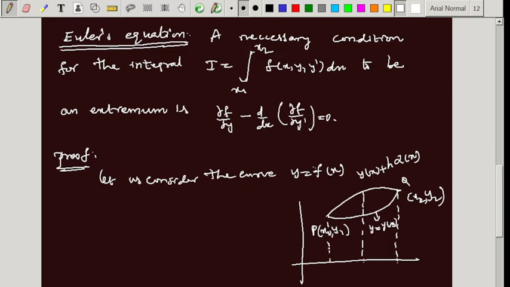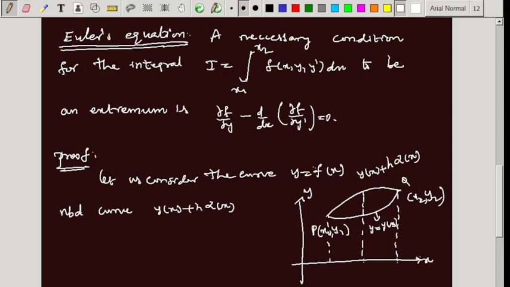So here this length is y1, this one is y, and this one is x. So here we have the two curves. One we have already written as y equal to f of x or y of x, and the neighboring curve is nothing but y of x plus h into alpha of x.